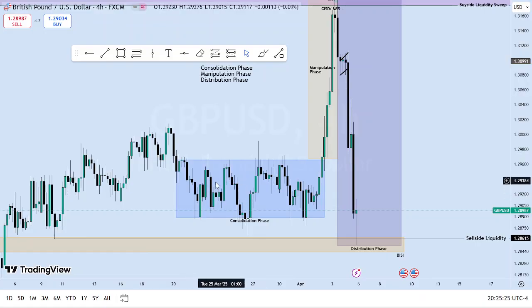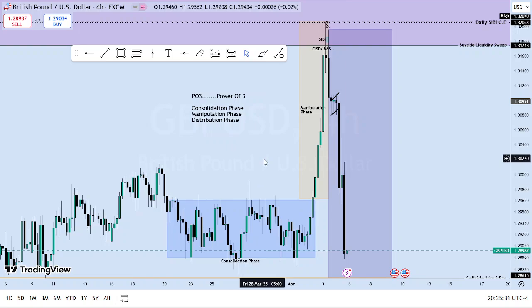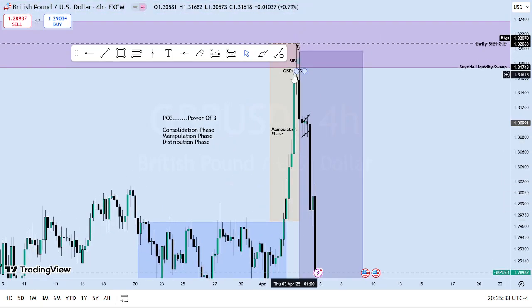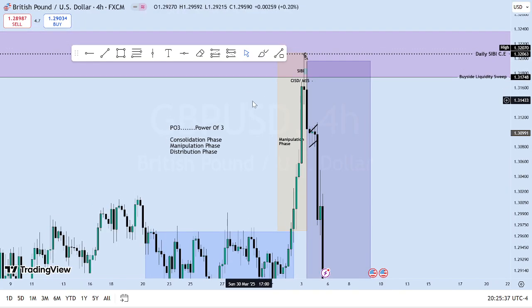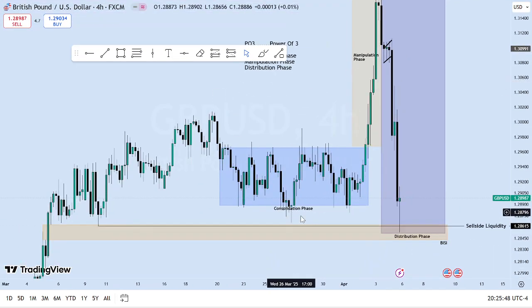If price is in a consolidation phase like this, you have patience to wait for price for a manipulation phase. Then you wait for where it's going to deliver into. Once that is done, then you go to lower time frame to anticipate for the distribution phase. Then you target the low of the consolidation phase.